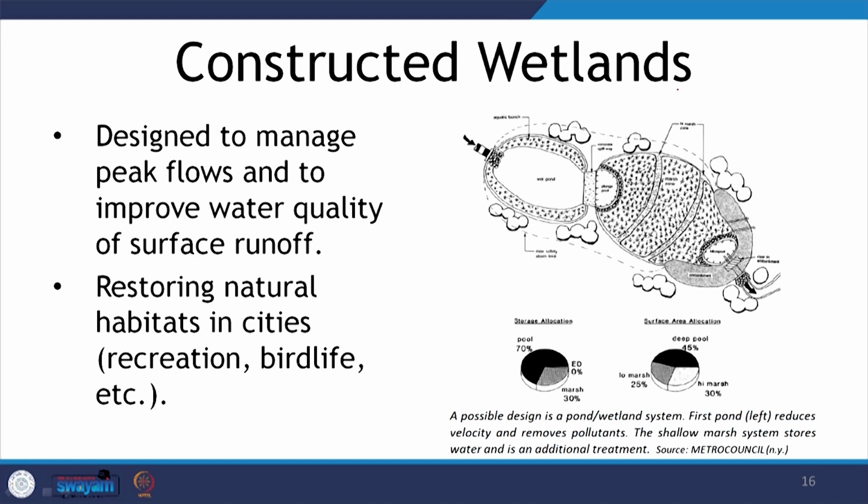The next design strategy is constructed wetland. There are naturally occurring wetlands which we can preserve and retain if we are retaining the natural topography, but there is also this constructed wetland.